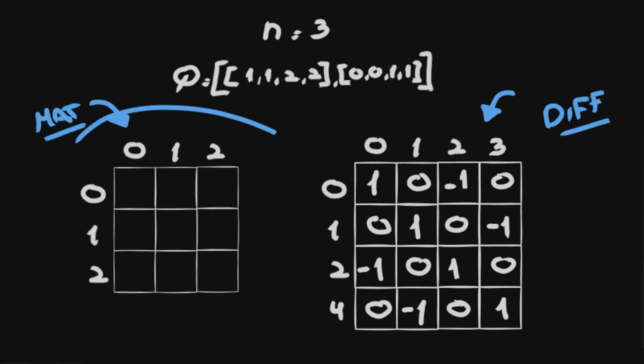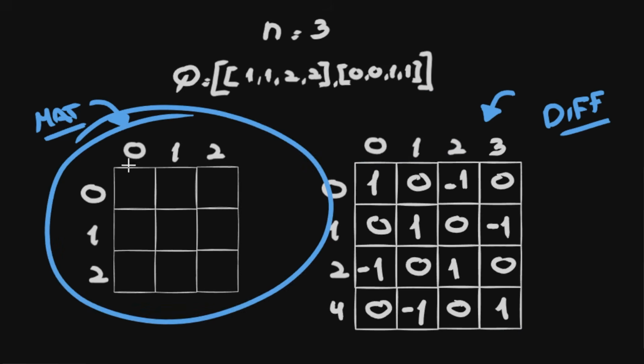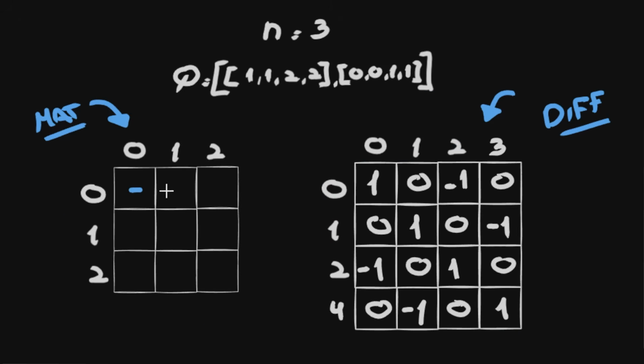For this, we will return this matrix and every element here is initially 0. We are iterating everything from left to right and from top to bottom. So initially we are standing here at this cell. Now the corresponding effect at this cell is 1, so we put 1. Next we are standing here and we have an effect of 0.